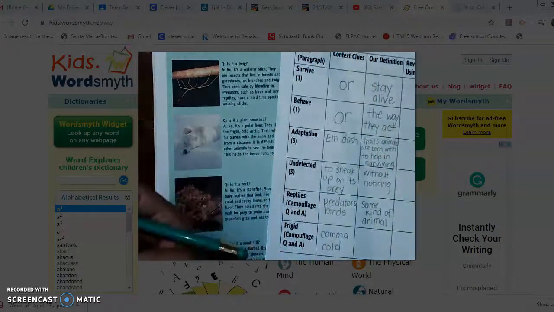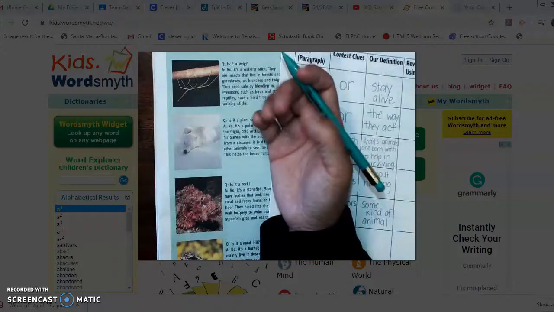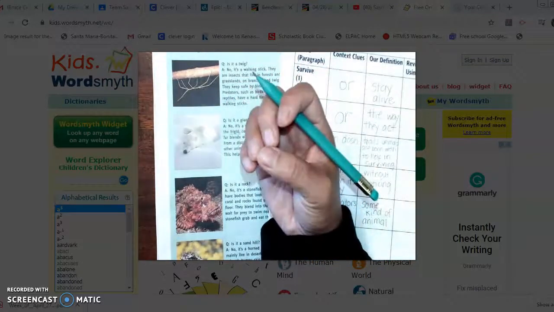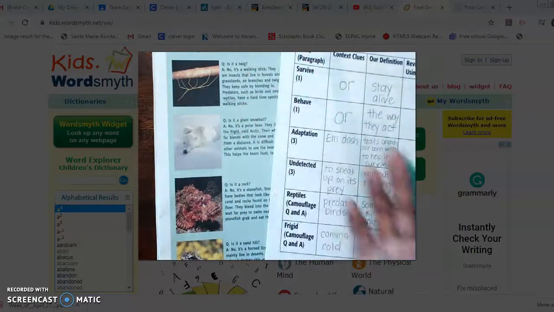If I said my vocabulary word was crayon, right, I would say the bright, colorful crayon. All of these are words to describe the word crayon.